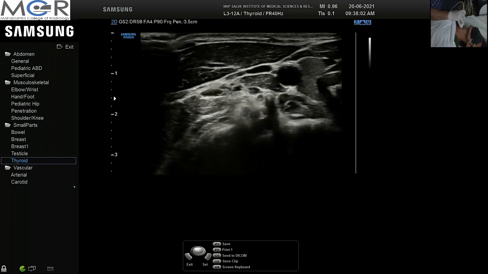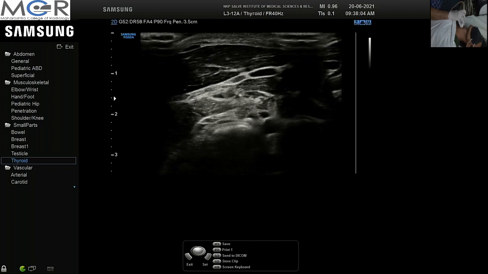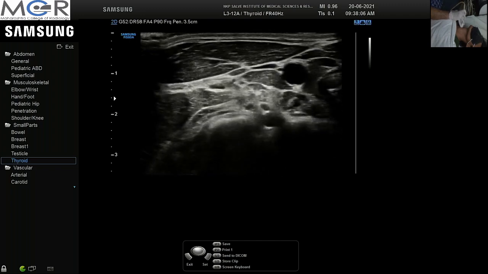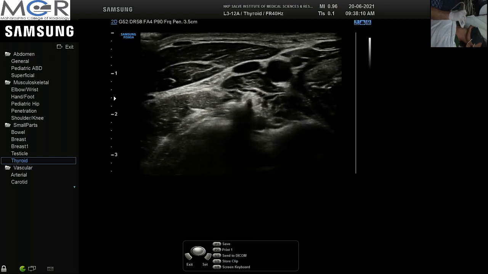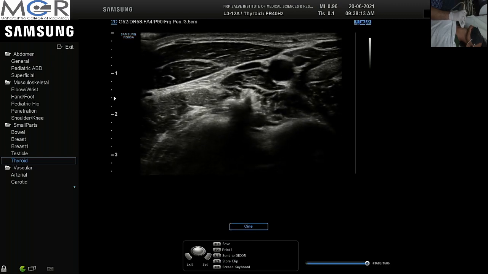So the differential diagnosis of lesions that occur in the cervical space is also narrow, and it is easy to arrive at a diagnosis. Here we see that the vagus nerve lies between the common carotid artery and the jugular vein. So if a vagus nerve schwannoma occurs at this site, it will cause further separation of the internal jugular vein and the carotid artery.